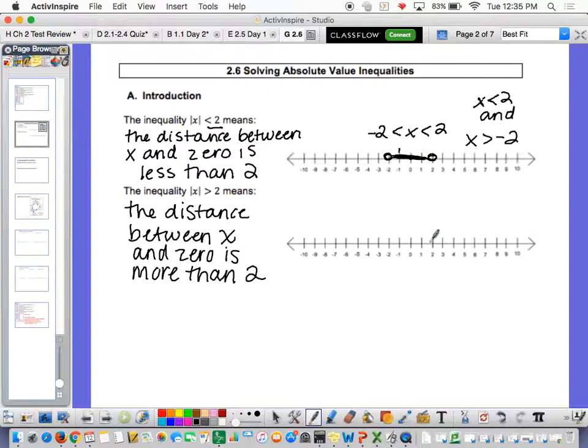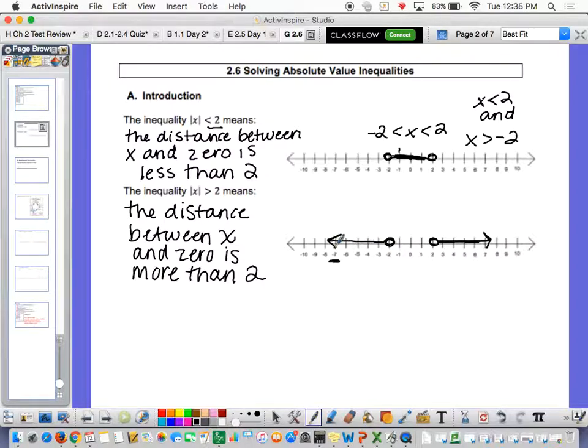So if we're at 2, we can't include 2. We've already gone to the left. That was when we were less than 2. So everything that's greater than 2 has to go that way. Right? And then same thing the other way. If we're sitting here over at negative 7, well, that distance is more than 2. So that would be included as well. So we can talk about all the numbers that are less than negative 2.